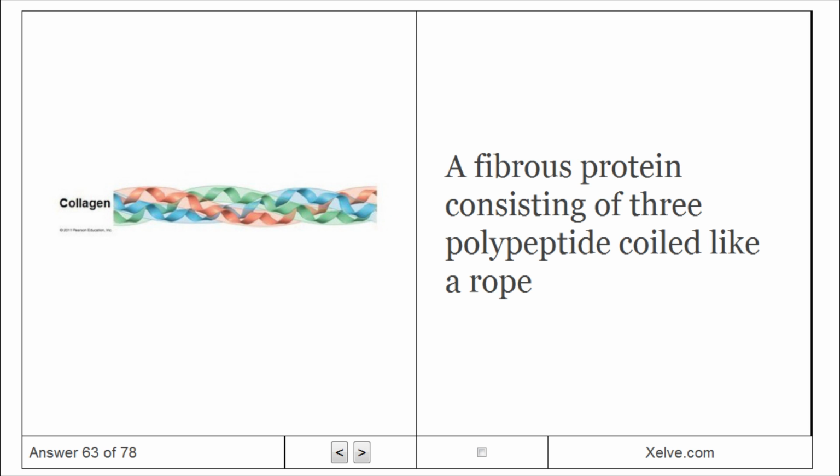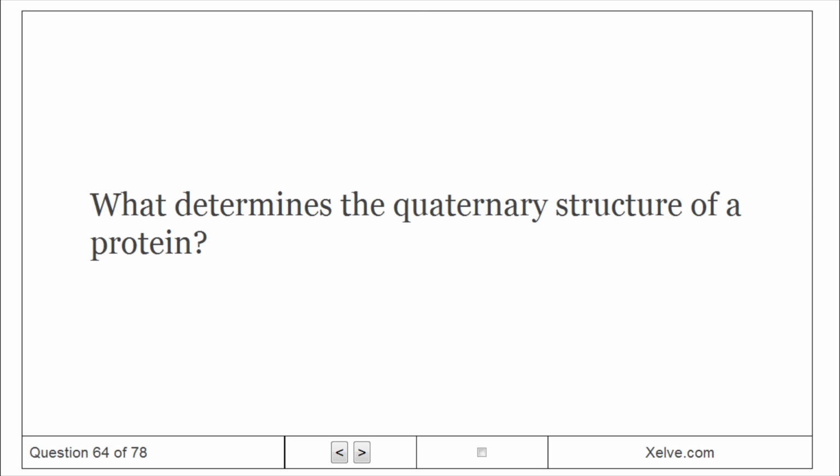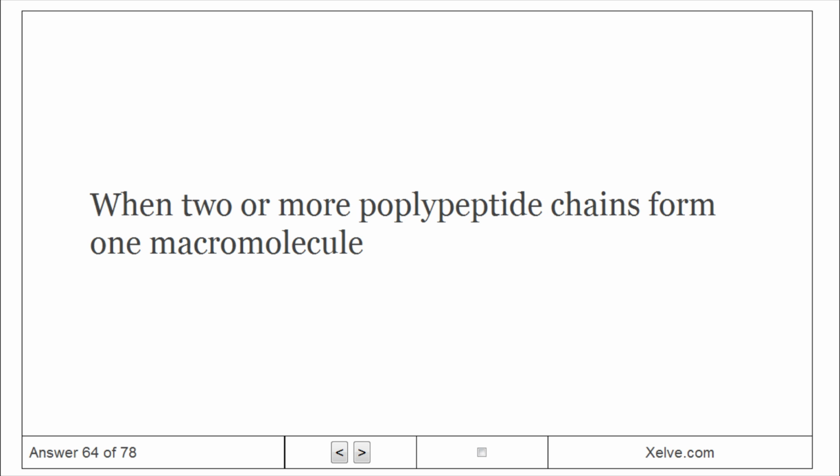A fibrous protein consisting of 3 polypeptides coiled like a rope. What determines the quaternary structure of a protein? When 2 or more polypeptide chains form one macromolecule.